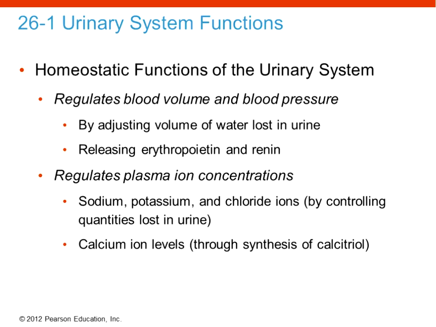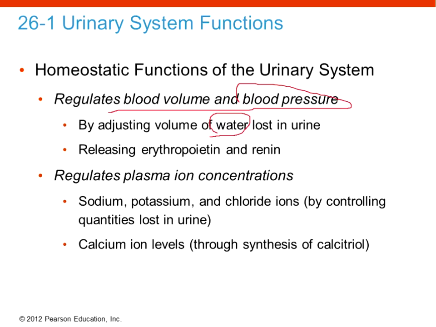So the homeostatic functions, as I said, primarily this is a big function of the urinary system. Number one, regulating blood volume and blood pressure. And they say, well, how can the urinary system maintain blood volume and blood pressure? Well, a lot of it has to do with water, first of all. Water is a big component of the urine, so there's more or less water.